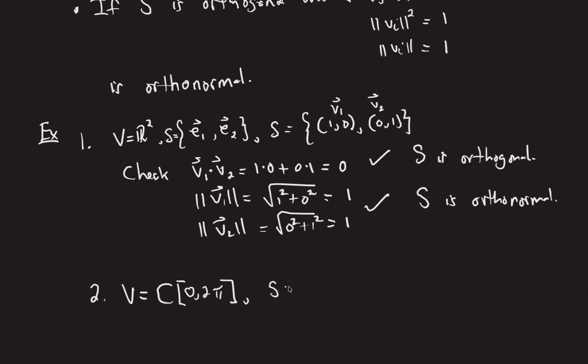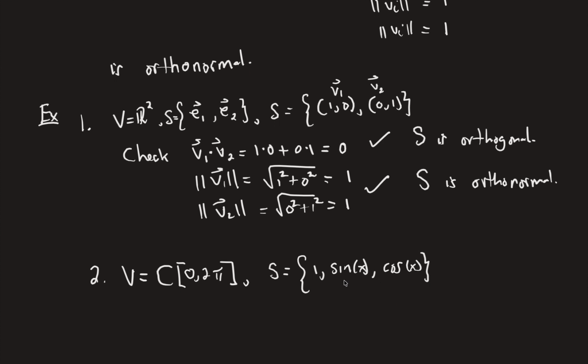And then let's say here's our S: it is 1, sine of x, and cosine of x. That's my set of vectors, and we should be able to agree that these functions are all continuous on the interval 0 to 2 pi.